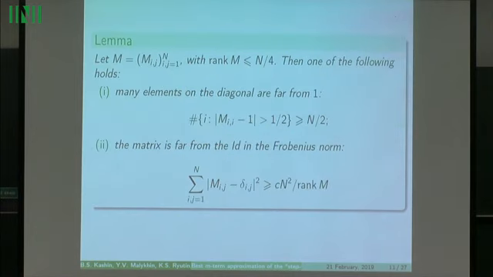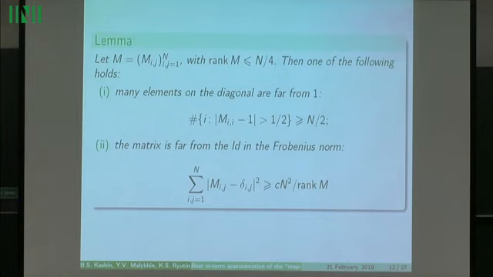And I think it was a rather interesting lemma which we used in order to obtain it, so I decided to put it in the presentation. It reads as follows: for any matrix M whose rank doesn't exceed n capital over 4, we have one of the two following alternatives.